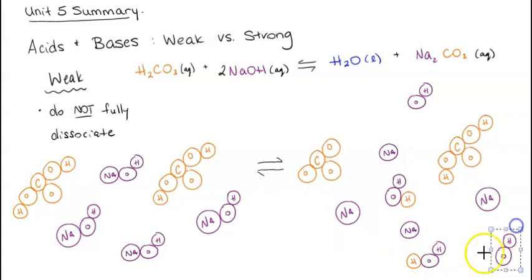We end up with extra hydroxides in solution. So we can't actually use this balanced chemical equation to predict accurately how much water will be produced. We can't have a true neutralization reaction with a strong base and a weak acid.